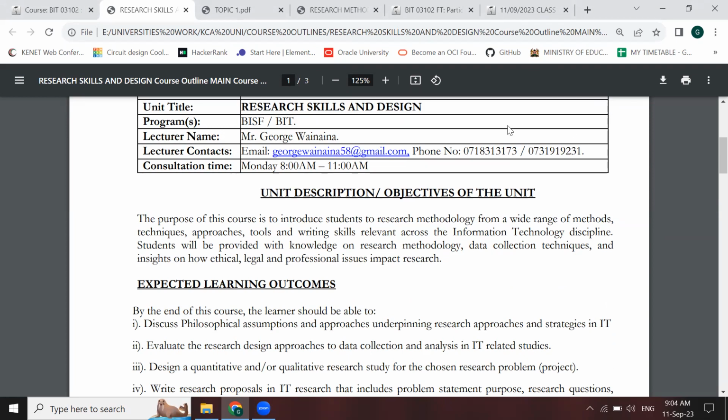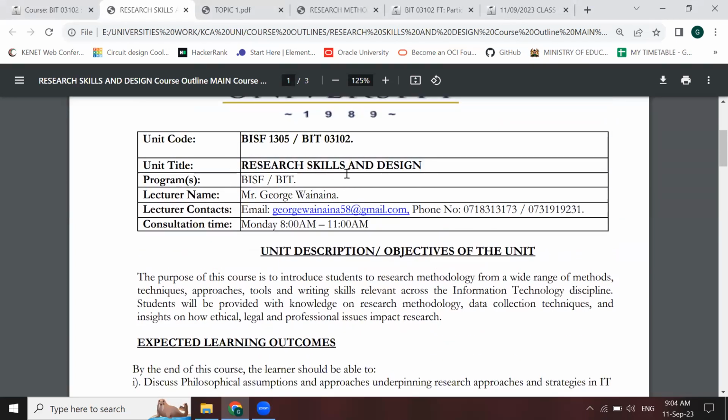So I'll be taking you through some techniques, approaches, tools, and also the skills that are relevant across our field. This is ICT or even BISF, IT, so that you'll have that knowledge and also that skill to be able to conduct research at any given point.